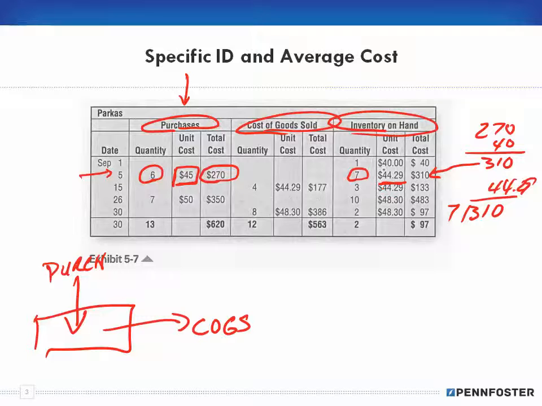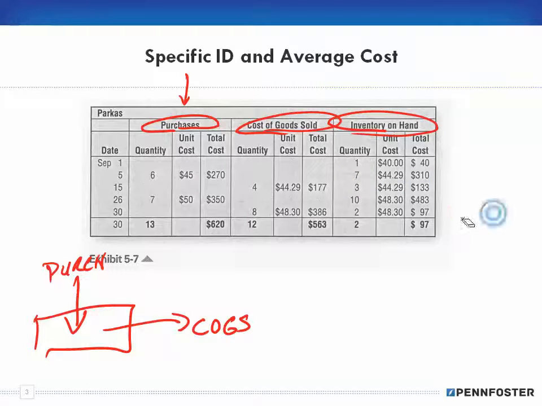So now instead of trying to find that one that costs 40 and the 6 that cost 45, no, we take the average and we say they all cost $44.29, right? So from a timeline perspective, if I'm sitting in the office, on September 1st, I had a beginning inventory.